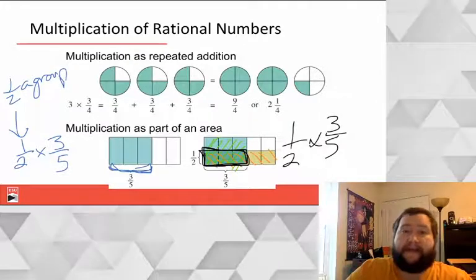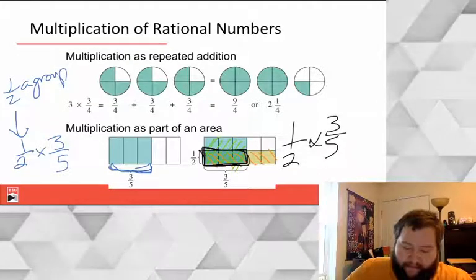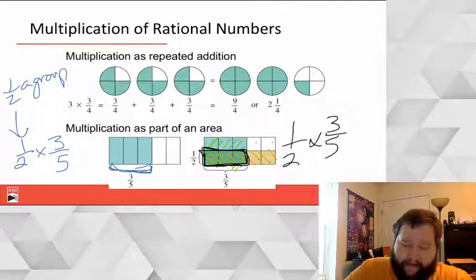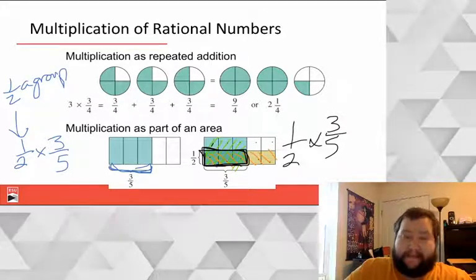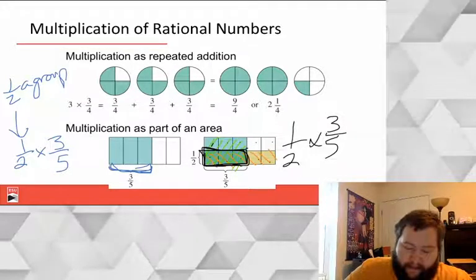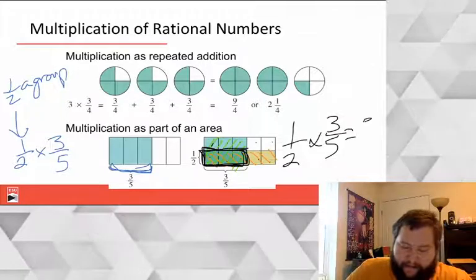And then we can see we'd have 1, 2, 3, 4, 5, 6, 7, 8, 9, 10 pieces total, and 3 are doubly shaded, 3/10.